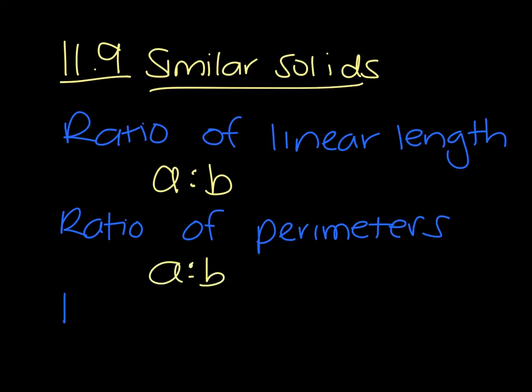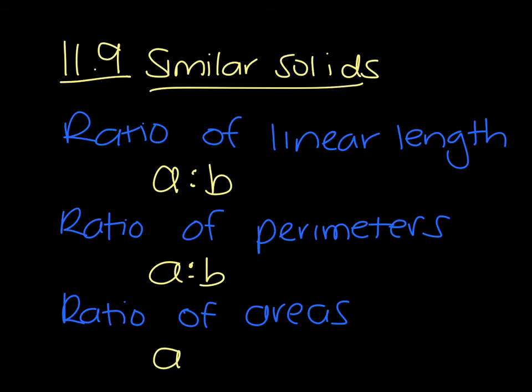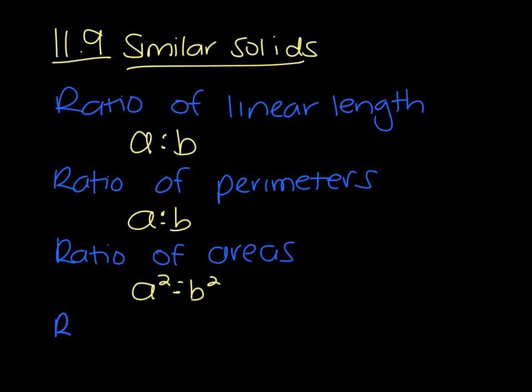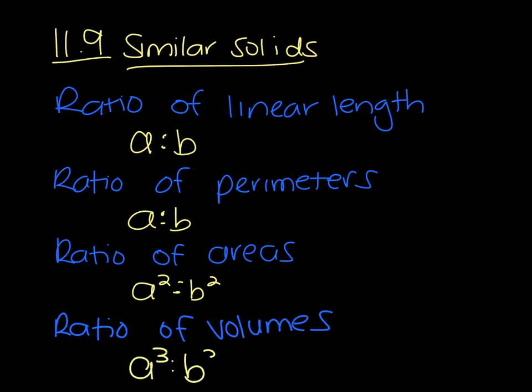The ratio of the areas would be A squared to B squared. And the last one is the ratio of the volumes, which would be A cubed to B cubed.